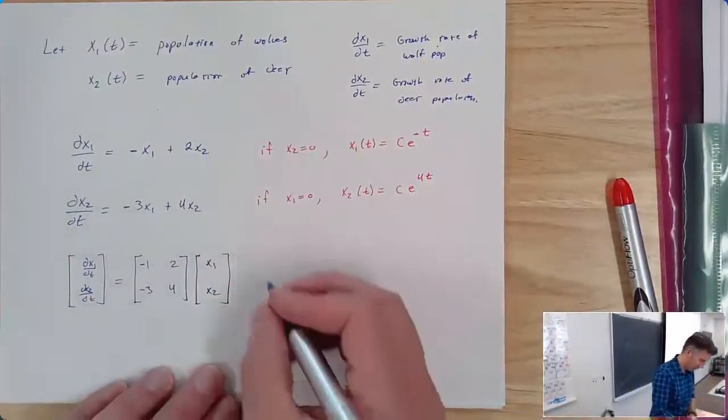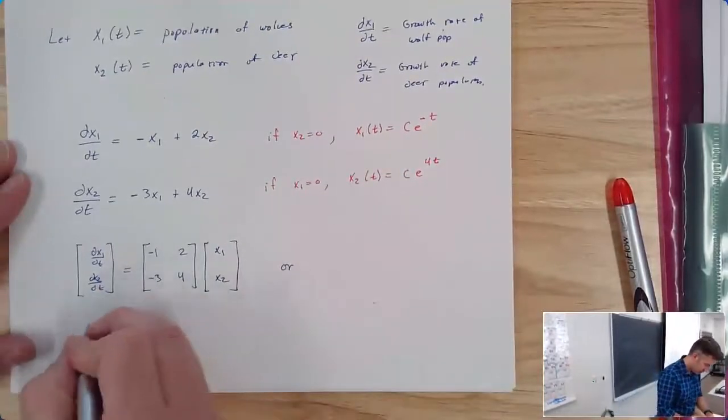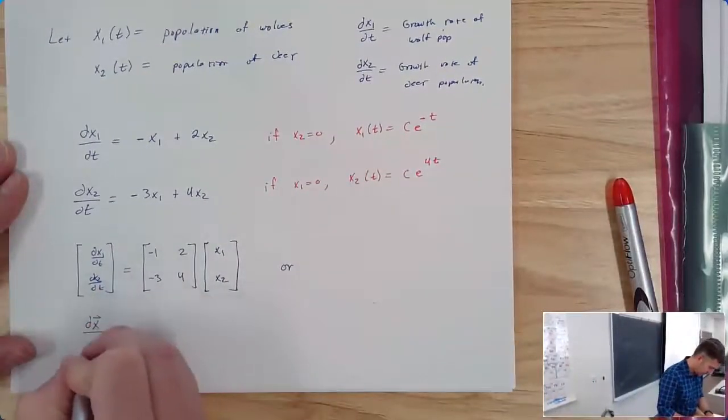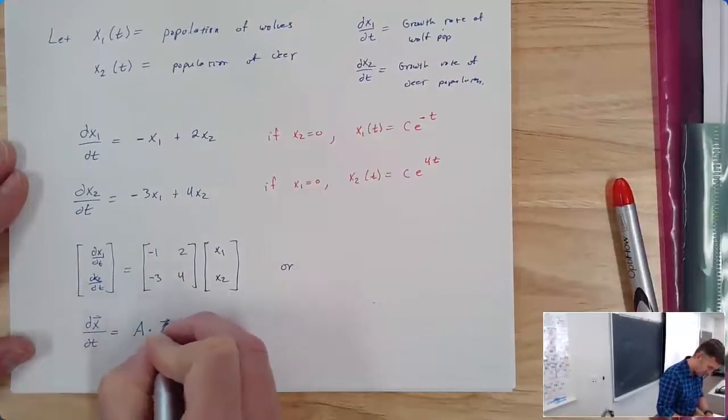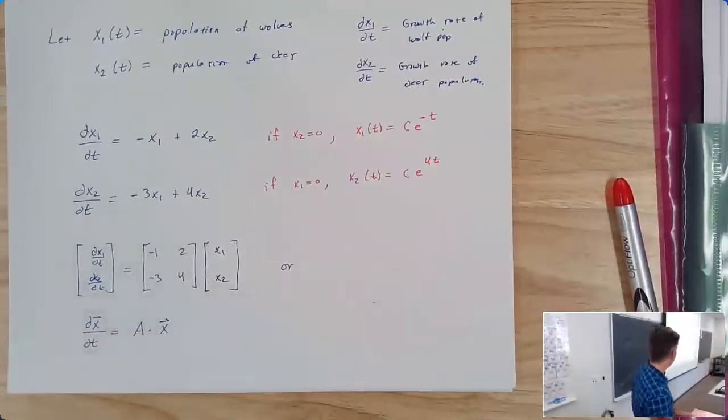Or, as you will see people write, dx/dt equal to A times x, where x is a vector and dx/dt is a vector.